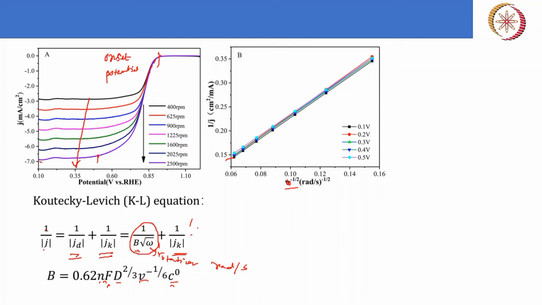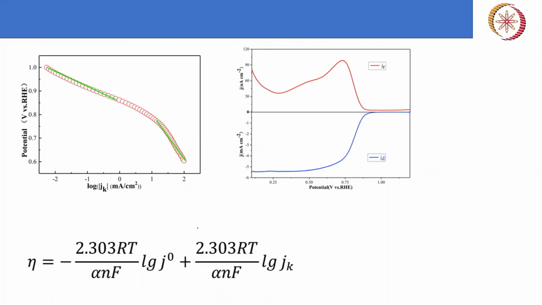This information you can get from the RRDE or RDE experiment. So to confirm this thing, we can do the RRDE experiment. And this is potential versus log of k. This equation is known as the Tafel equation.